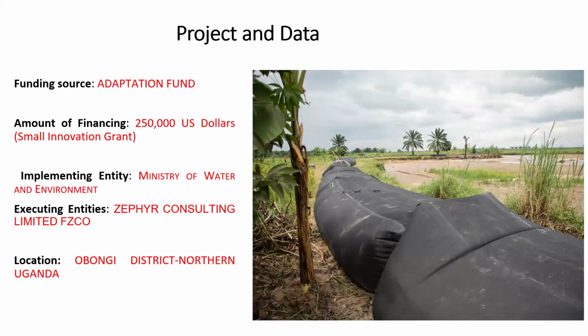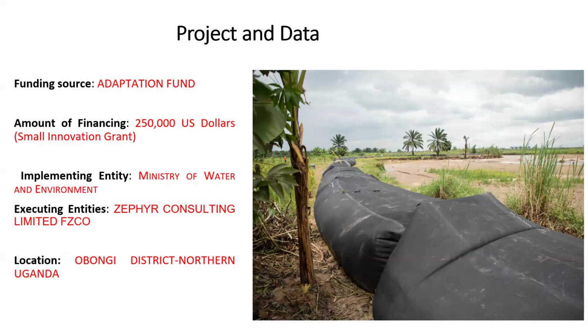A little more about the project data regarding this innovation project, which is a small-scale grant at Adaptation Fund. The funder, as I've already said, is Adaptation Fund, and the innovation grant was up to $250 million. Initially, it was supposed to be implemented within 6 months, but it took longer because we had to go through the process of manufacturing these SLAMDAMS, lifting them from the Netherlands to here, and then the deployment.